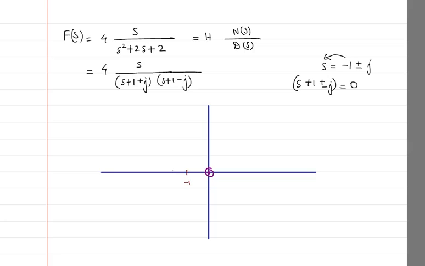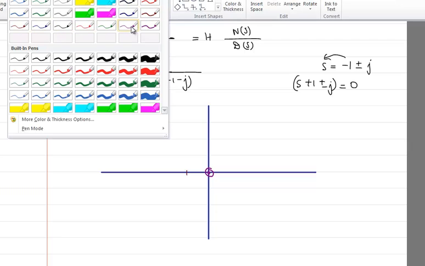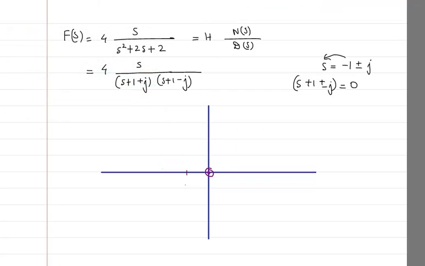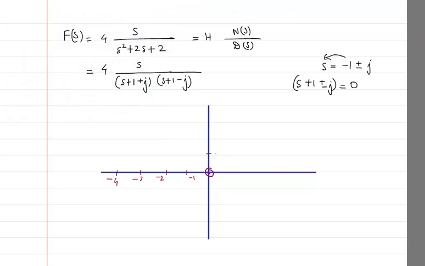Let me write it a little bit to the side. This is minus 1, this is minus 2, this is minus 3, this is minus 4. Similarly here you can write j, 2j, 3j.